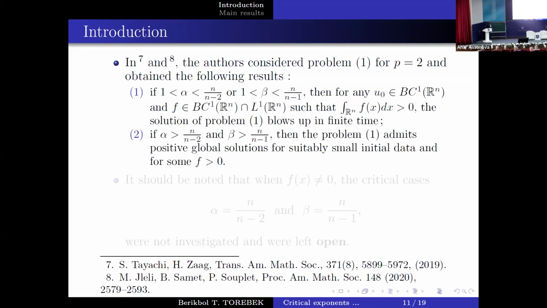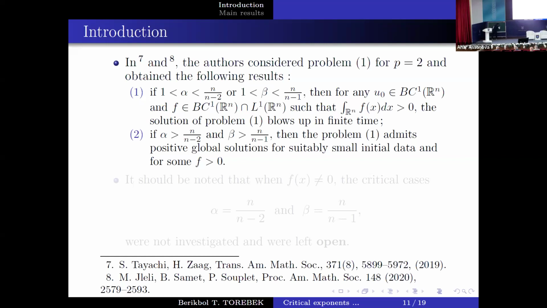And this is the blow-up case. And the global existence case is only for this range, n greater than n minus 2, and beta greater than n divided by n minus 1.